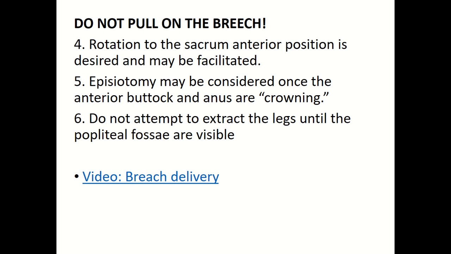Episiotomy may be considered once the anterior buttock and anus are crowning. If the perineum is tight and the anterior buttocks and anus are crowning, then you can do an episiotomy, but of course under adequate analgesia. Do not attempt to extract the legs until the popliteal fossae are visible.